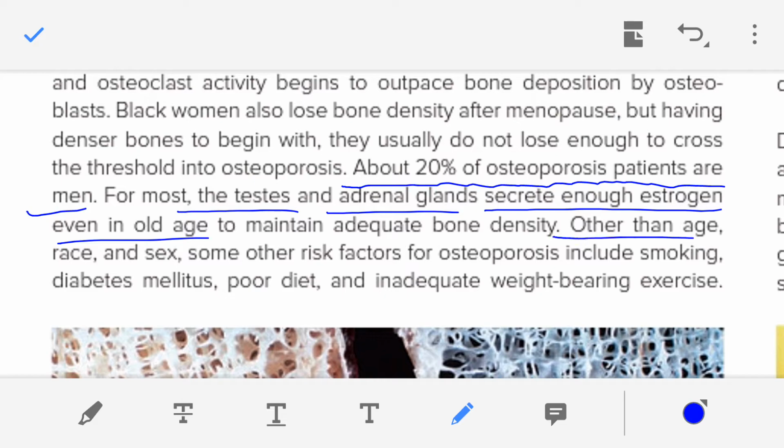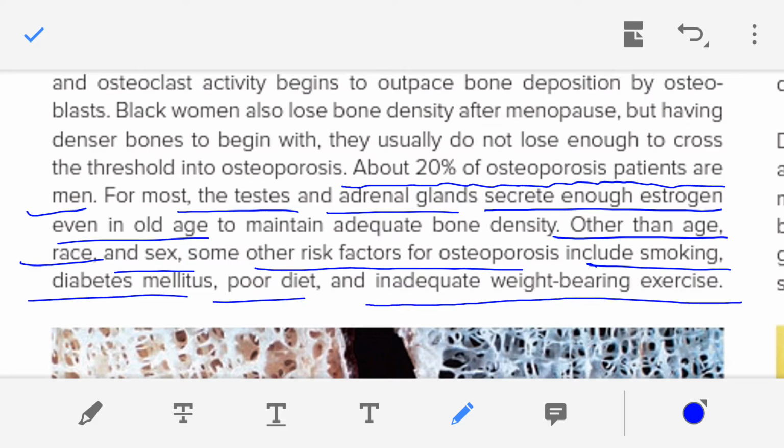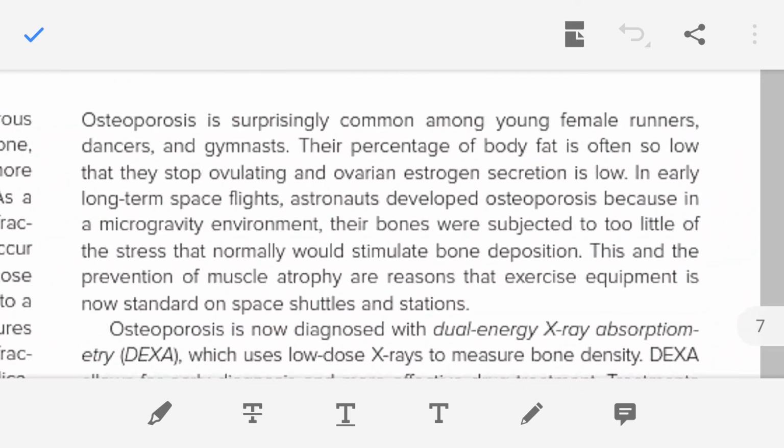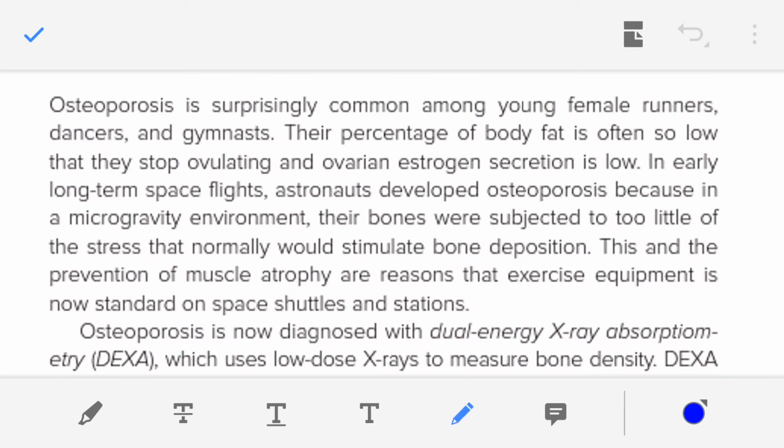Now, other than age, race, and sex, some other risk factors for osteoporosis include smoking, diabetes mellitus, poor diet, and inadequate weight-bearing exercise. All these points we have already discussed. Now, osteoporosis is surprisingly common among young female runners. You will be surprised that young female runners, dancers, and gymnasts suffer from osteoporosis more.